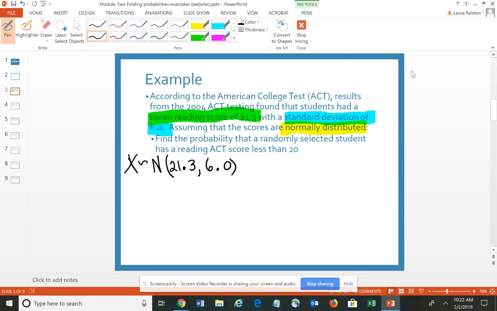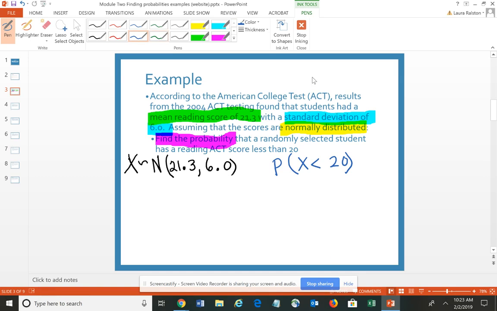It says, find the probability. Look at the phrasing. This tells you which website to use and which process to follow. It says, find the probability that a randomly selected student has a reading score less than 20. That can be written in symbols as the probability that X is less than 20.